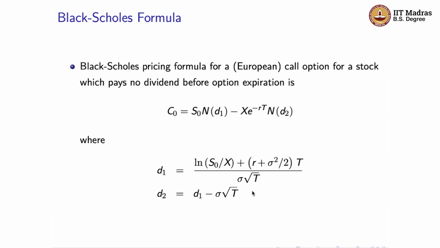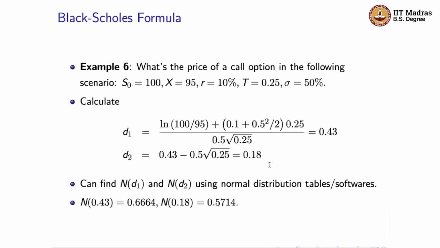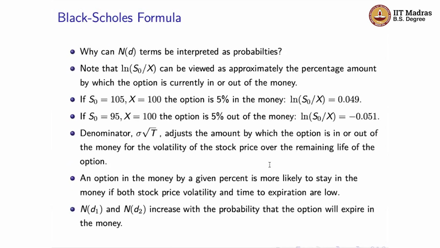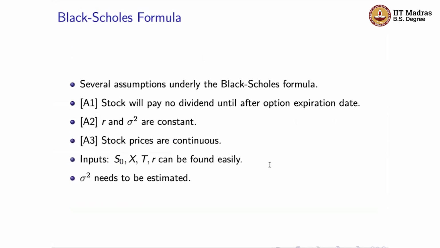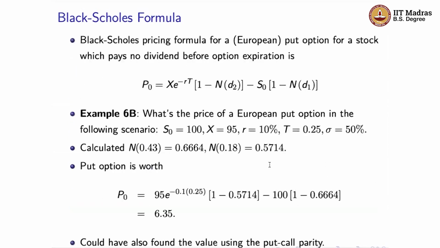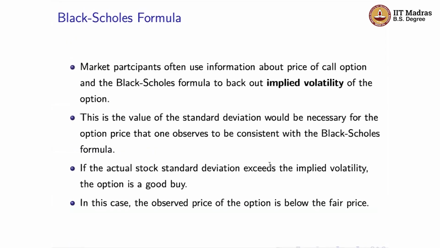There are tools that one can easily use, in fact even in Excel, that will tell you how to solve for this sigma. You cannot use a closed form solution, but you can numerically solve it using a computer. And the value of sigma that one gets as a result of this exercise is basically the implied volatility.